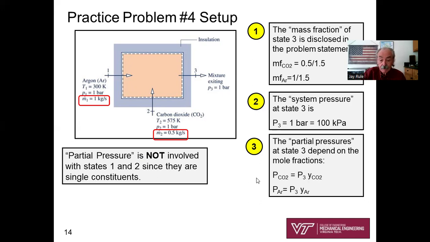So recognize that as you work through this problem, you're going to have to take the mass fractions that you've got and figure out the mole fractions in order to get the partial pressures. And one last observation is that partial pressure is not involved with state 1 and state 2 because each of these inflows are not mixtures, they're just single constituent inflows.